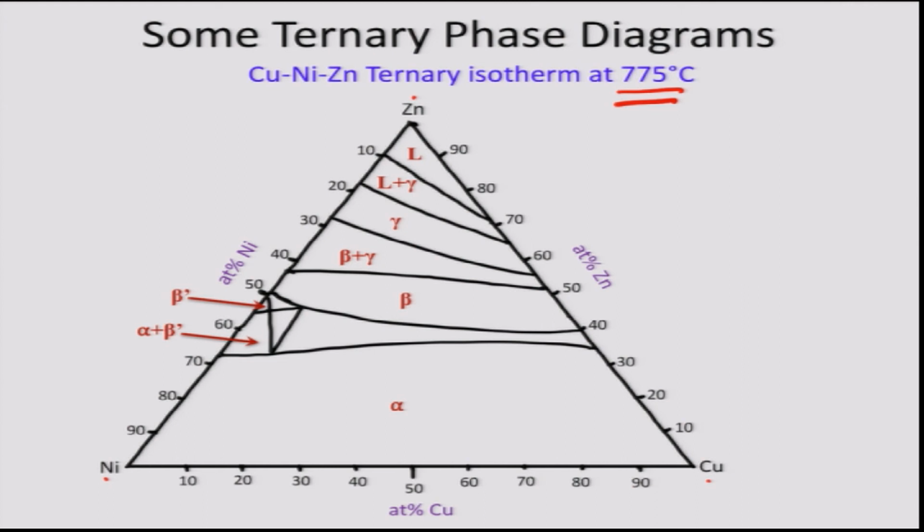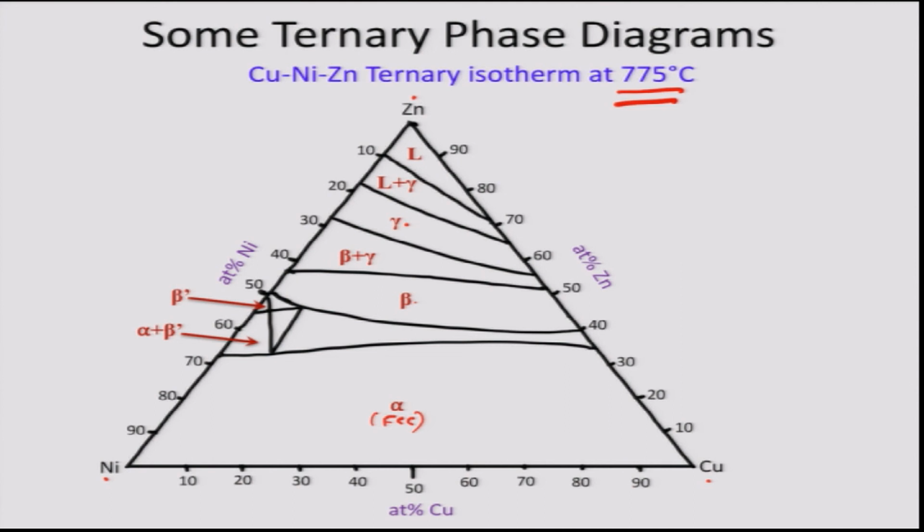We know at 775 degree centigrade copper nickel system shows complete miscibility, and that miscibility extends quite a bit into the ternary composition range, and hence we see a big alpha FCC phase field here. Then there are multiple intermediate phases both in nickel zinc binary and copper zinc binary, and a couple of them, beta for example and gamma, show complete miscibility.